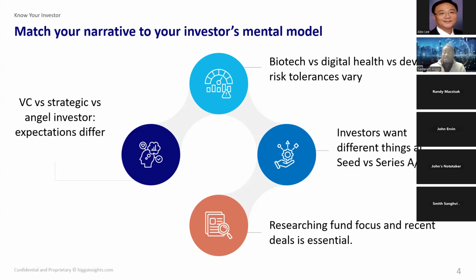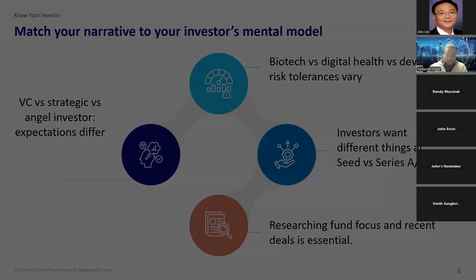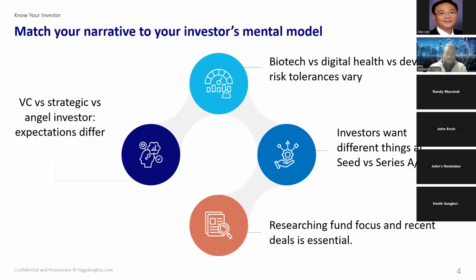Investors want to see different things at different stages. Whether it's seed, Series A, or Series B, obviously the further along you are, the more they are going to want to see in order to make sure that you are tracking progress properly.